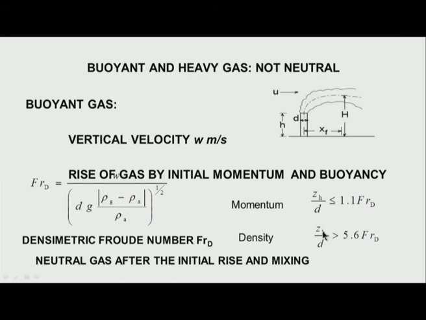If ZH is greater than around 5.6, it is dominated by the particular buoyancy, and we can estimate this particular height from this height. Well, the spillage takes place after some time. Well, we want to form a neutral gas, that means the gas does not have any buoyancy left in it, it is a mixture of air and the small amount of hydrogen which then diffuses forward.